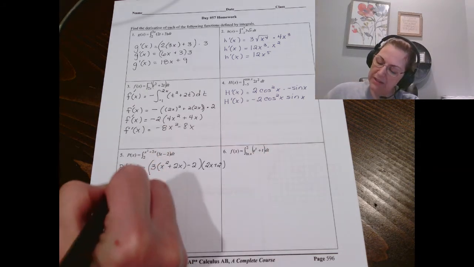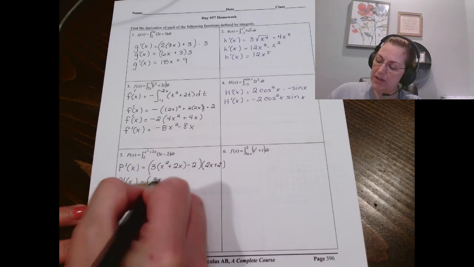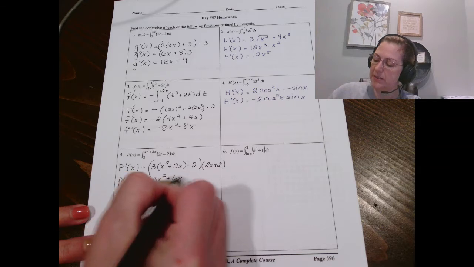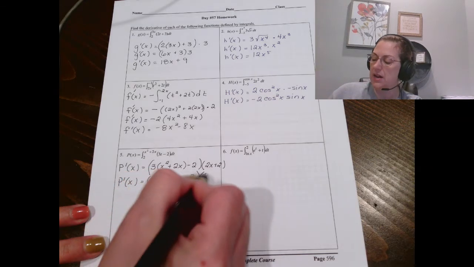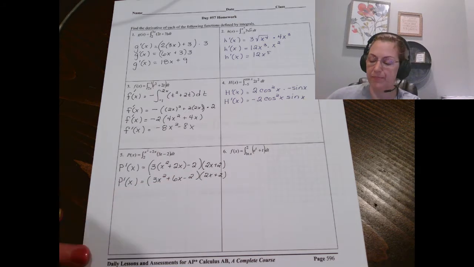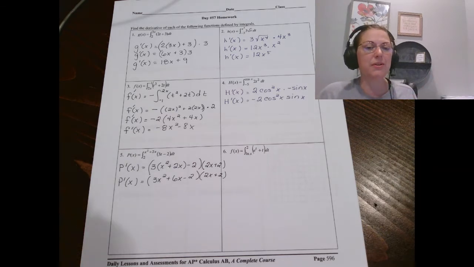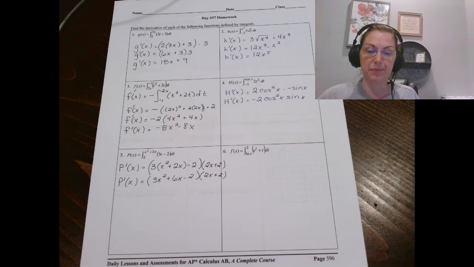Now, just some cleanup. I'm going to distribute the 3. That'll give me 3x squared plus 6x minus 2, and then 2x plus 2. We could distribute this out into a long polynomial. Don't really have to, but you could if you wanted to.